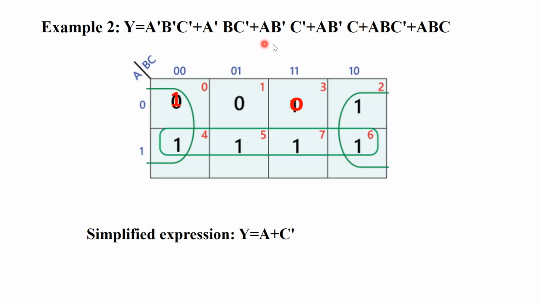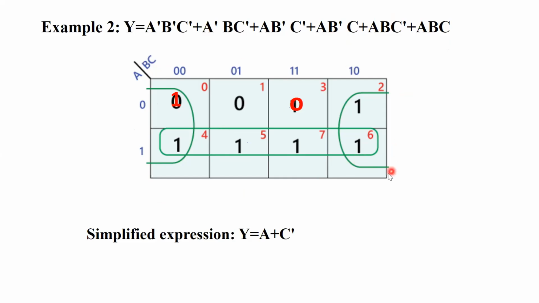So 1, 2, 3, 4, 5, 6 terms are there. Seeing this, you can understand there are 3 variables. So 2 raised to 3, that is 8. So I have to draw 8 boxes. यहाँ पे A लिया, and then I'm making BC separate. So 4 columns will be there and 2 rows will be there.